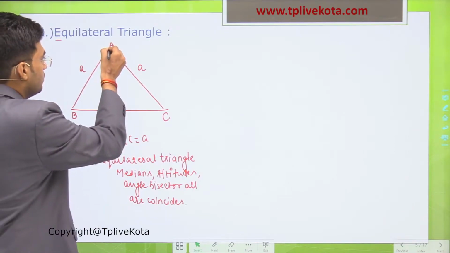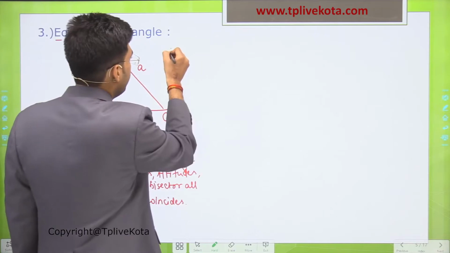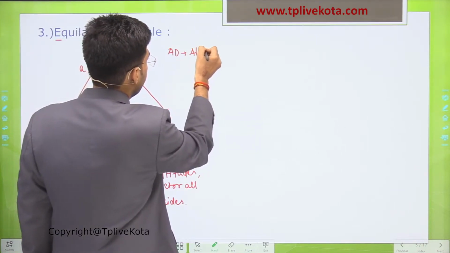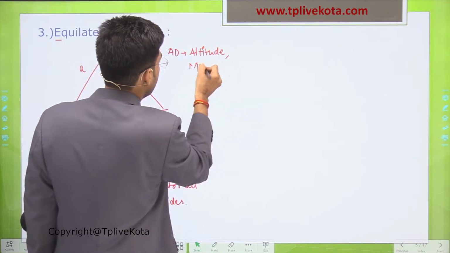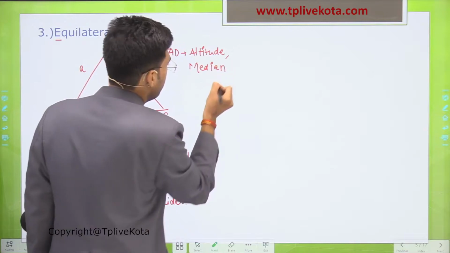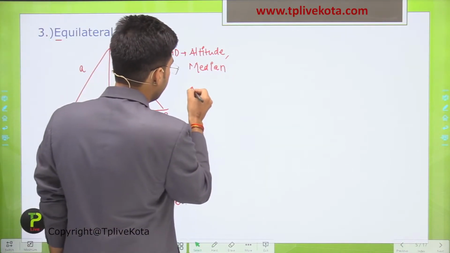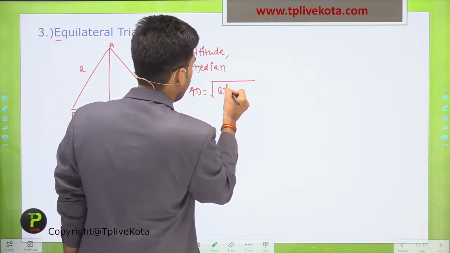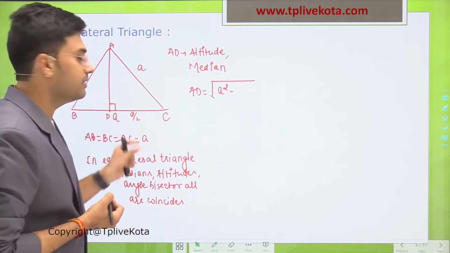So let's draw the altitude AD. Here AD is altitude and median. So we can say that the length of AD is what? It is A square minus, this is A by 2, CD is A by 2.